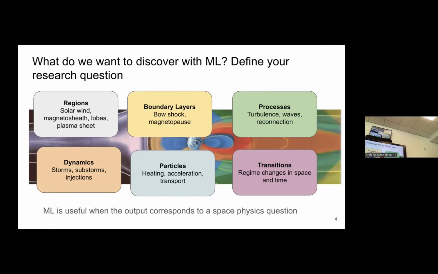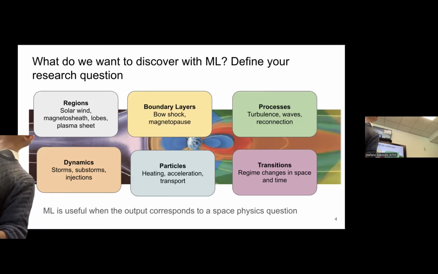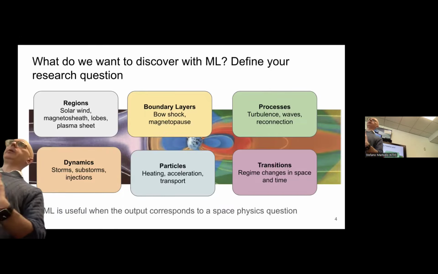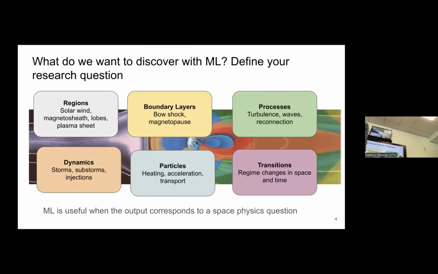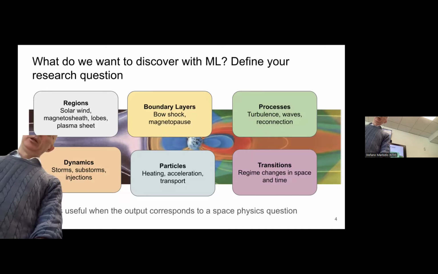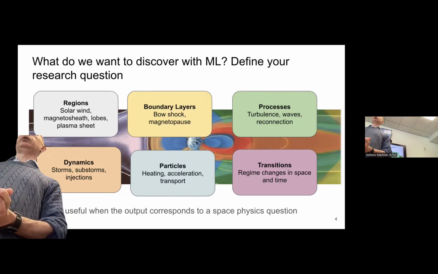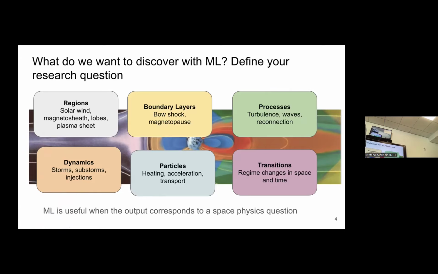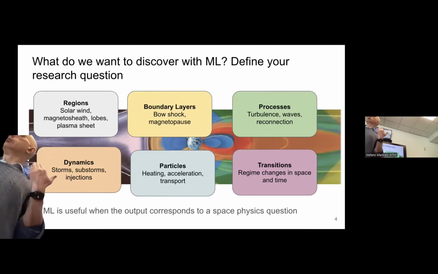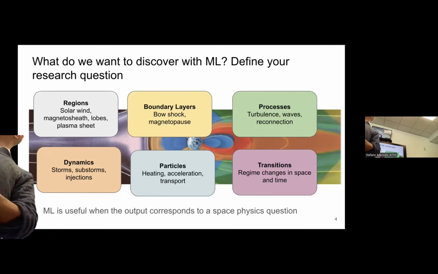The most fundamental question in the universe is how particles are accelerated in plasma. So you might be after something more fundamental, and you might also be interested in transitions, like space weather events, when the big storm happens. What are the big changes in the topology?